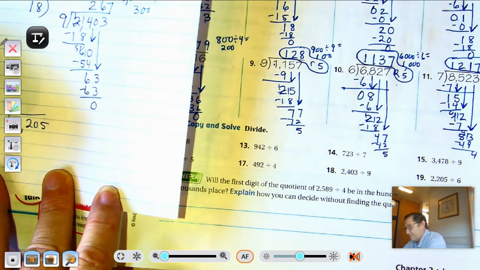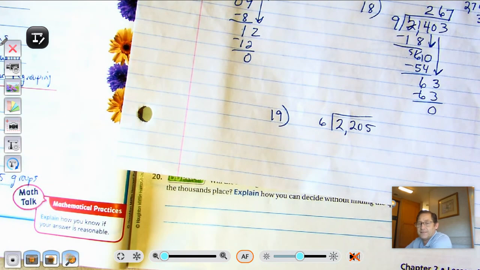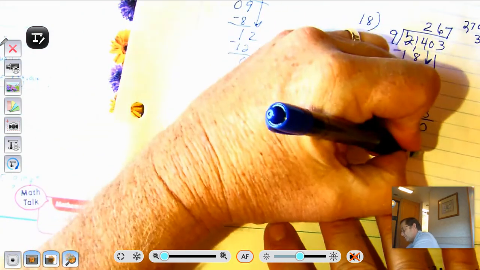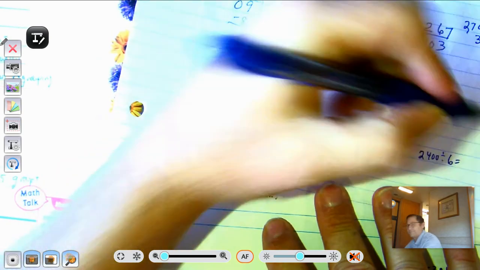2,205 divided by 6. So the multiples of 6: 6, 12, 18, 24. 24 is closest to 22. So let's change this to 2,400 divided by 6.